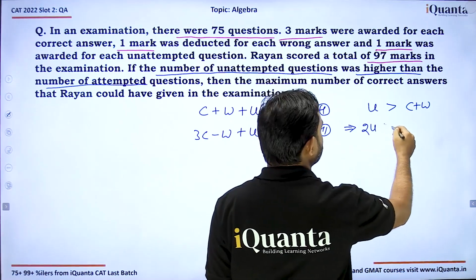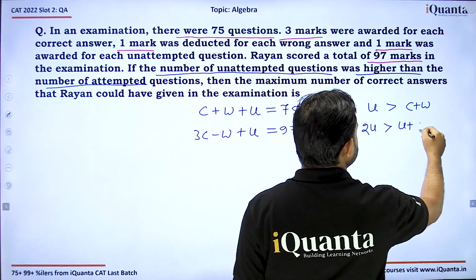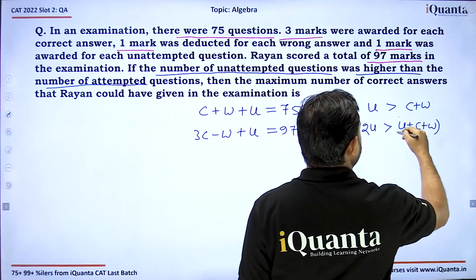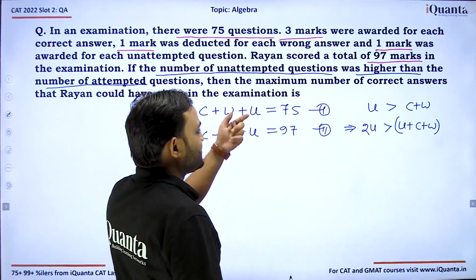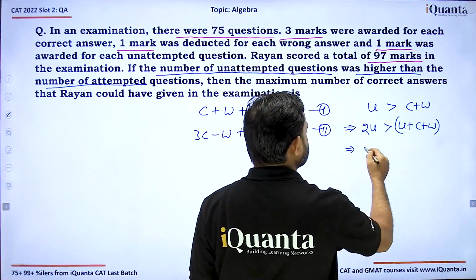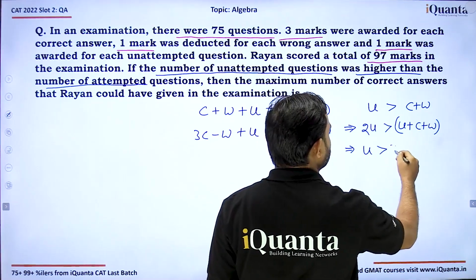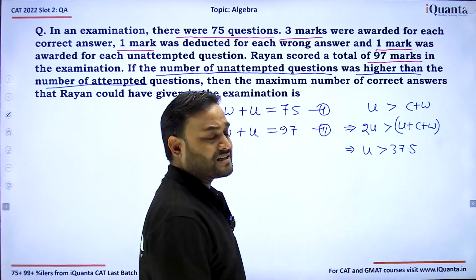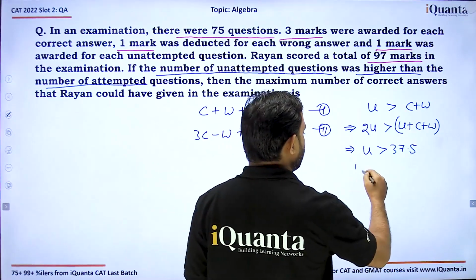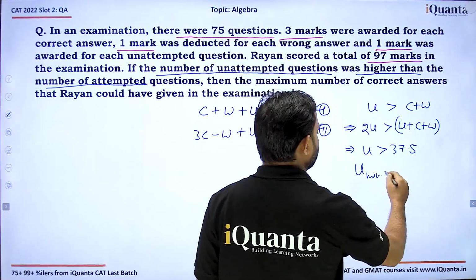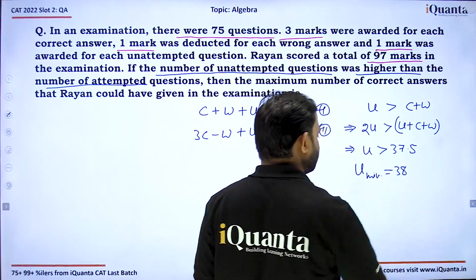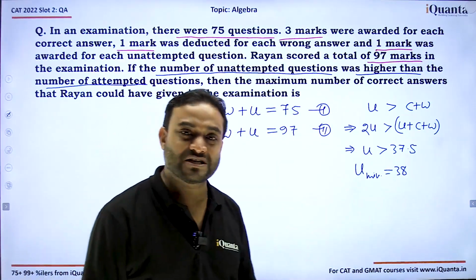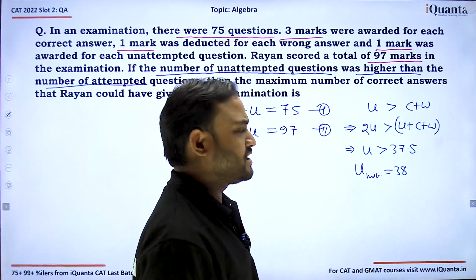We get 2U is greater than U plus C plus W. What is U plus C plus W? From equation 1 it's 75. So we can say U will be greater than 37.5. Can we say the minimum value of U must be 38 here? The number of unattempted questions must be 38 in any scenario, not only in this one.